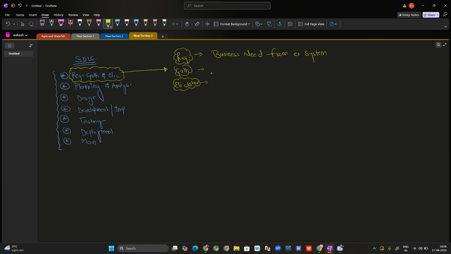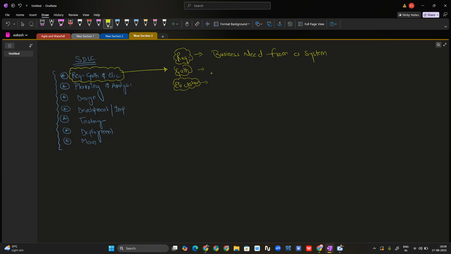Most business analysts don't know this difference. Requirement gathering is basically a big umbrella. Requirement elicitation means bringing out the real needs by asking, by observing, by validating, through questions from the business analyst to the main stakeholders. That is known as the elicitation part.